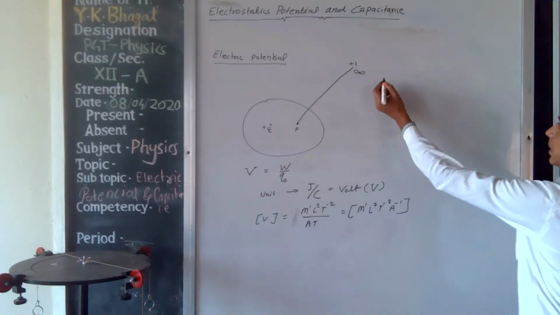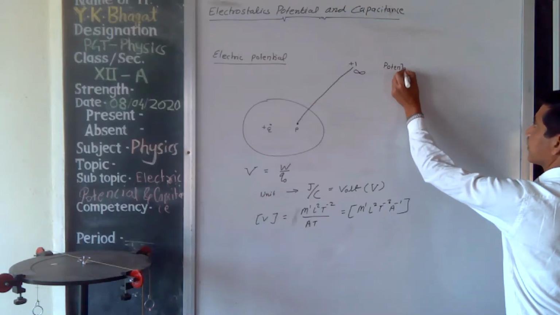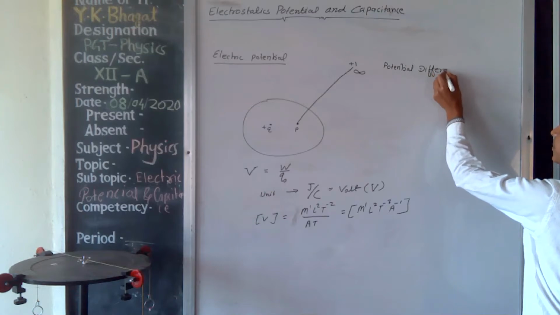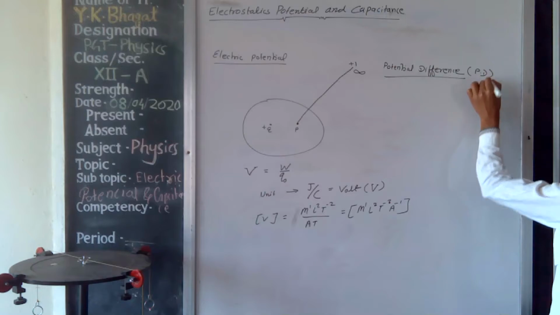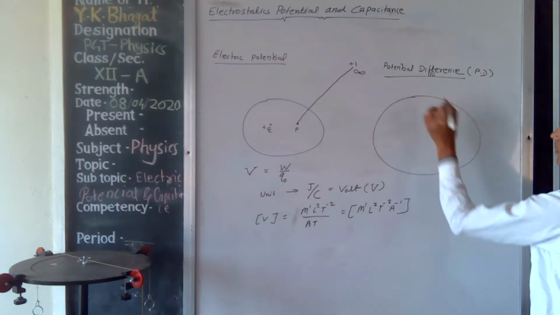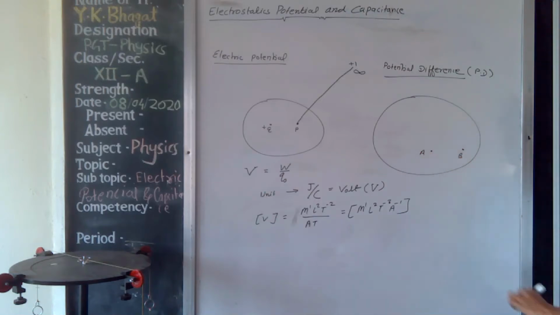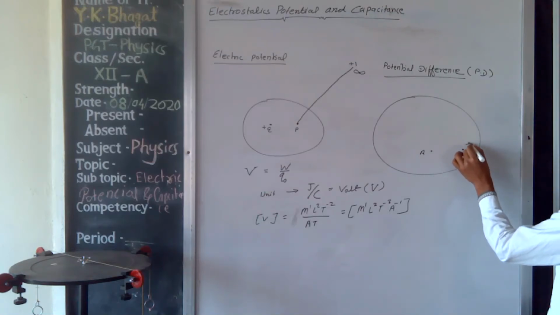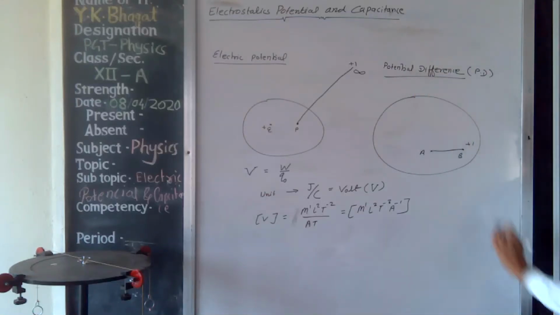Similarly, we discuss potential difference, PD. In an electric field, suppose we have two points, A and B. The amount of work to bring a unit positive charge from one point to another point is called potential difference.